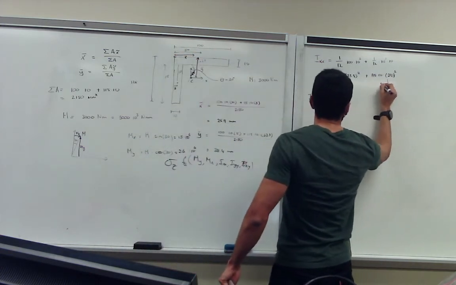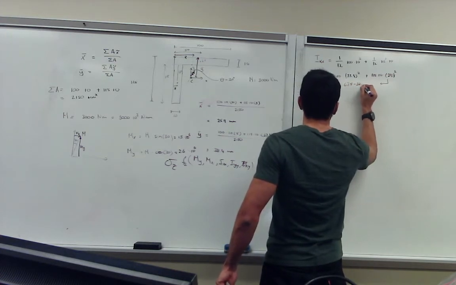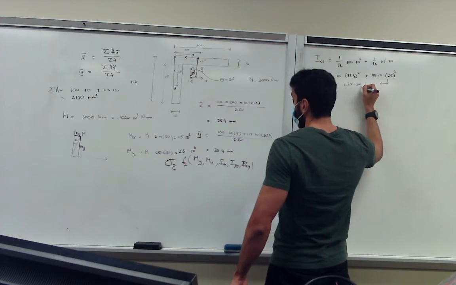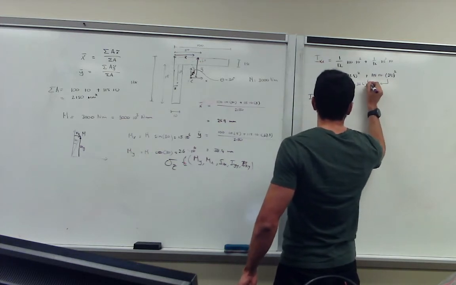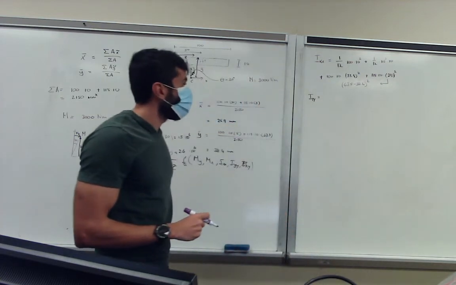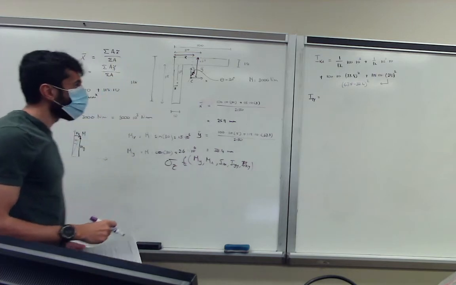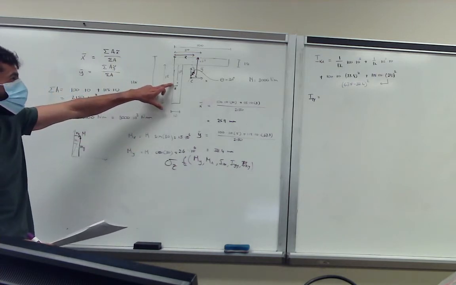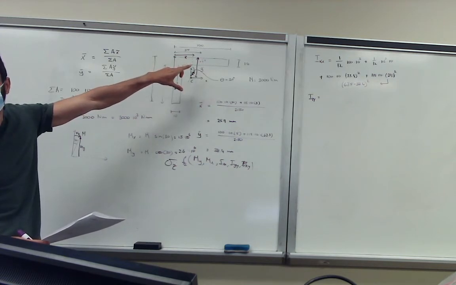So this comes from 67.5 minus 38.4 squared. That's 21.9. So you translate your local centroidal axis towards your cross-sectional centroidal axis.